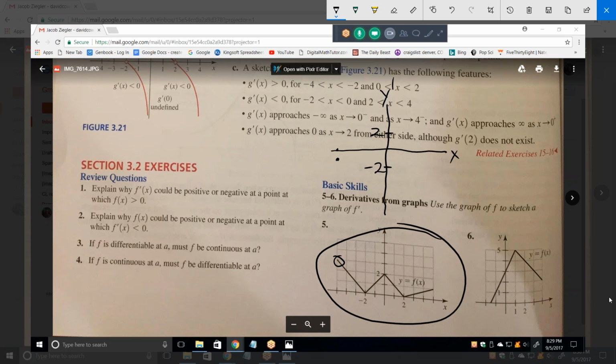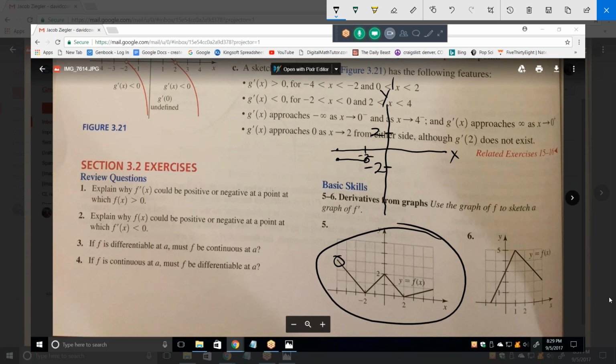It's -1 all the way to what? -2 on the x-axis. So that's a solid line like that. And it's not differentiable at -2, so that's an open circle. The first derivative is not defined at -2.